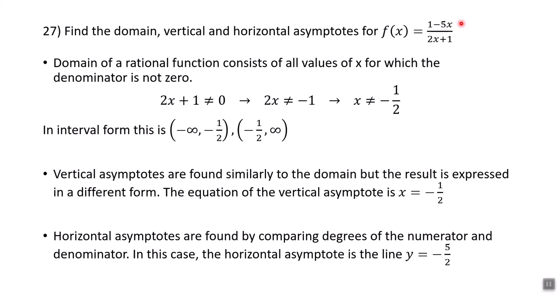And that minus 5 coefficient in front of the x and the 2 coefficient in front of the x in the denominator will give us our value for the horizontal asymptote. Remember, it's an equation of a line, so it has to have a y. So it's horizontal. Horizontal lines are always of the form y equals. The leading coefficients tell you what y is equal to. Vertical asymptote, always an equation. Since it's a vertical equation, it's x equals, and it's matched up with the denominator.